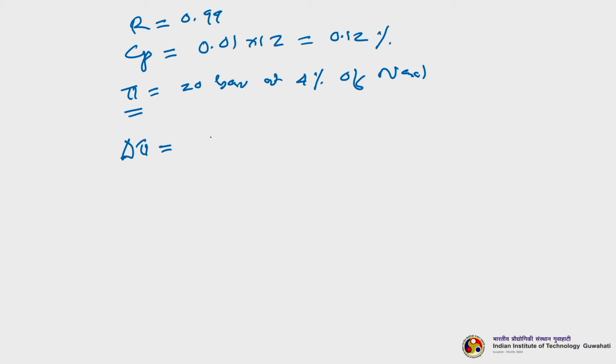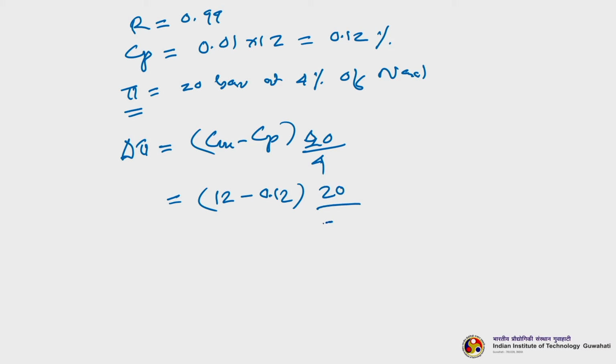Delta pi equals Cm minus Cp, into 20 divided by 4. So, that is 12 minus 0.12, into 20 divided by 4, and your delta pi becomes 59.4 bar.